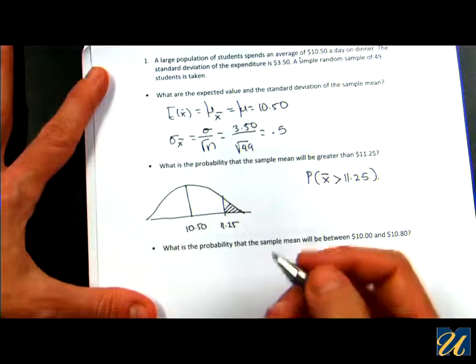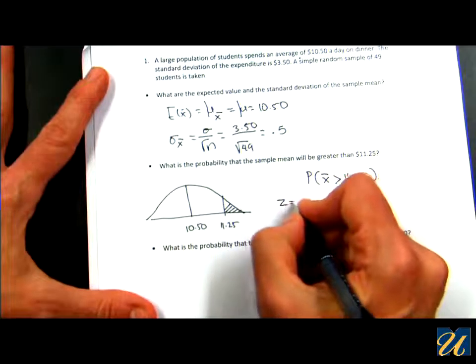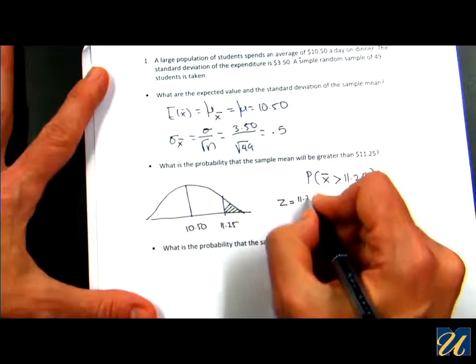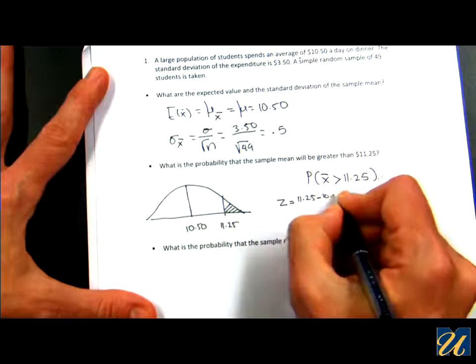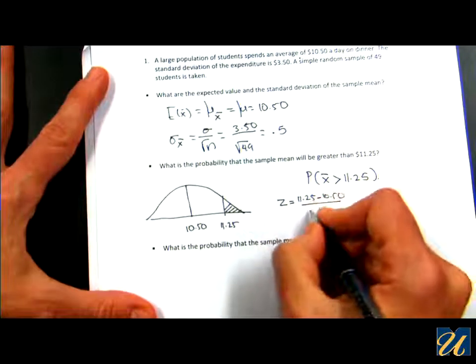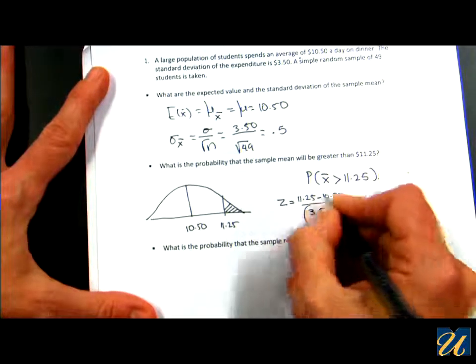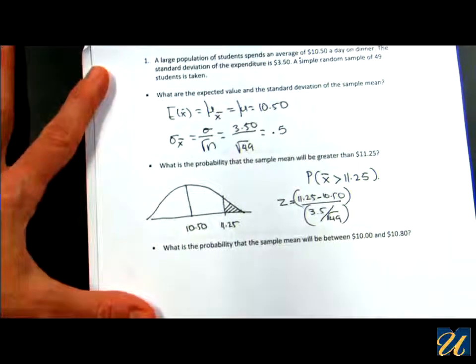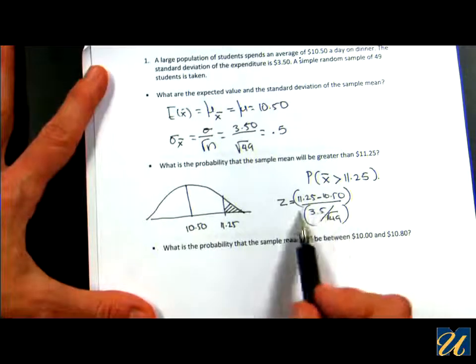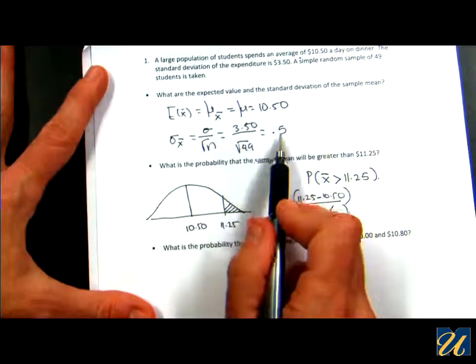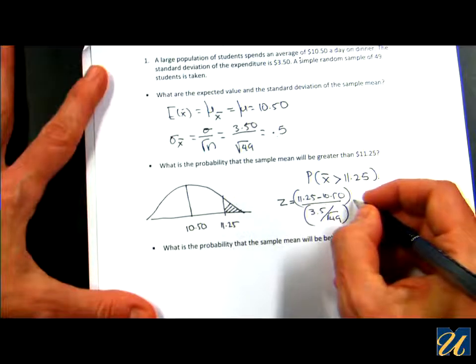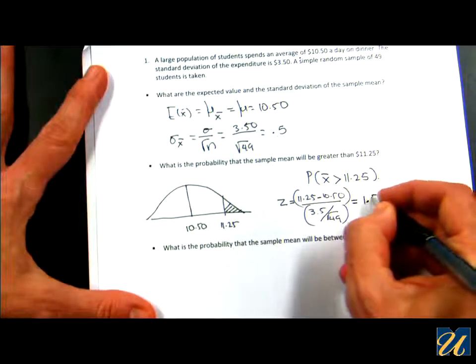Now, the z-score will be equal to 11.25 minus 10.50 over 3.5 divided by square root of 49. When you do your calculations, you want to make sure that you use parentheses, or you could have simply substituted this with 0.5 straight away. So the z-score in this case will be 1.5.